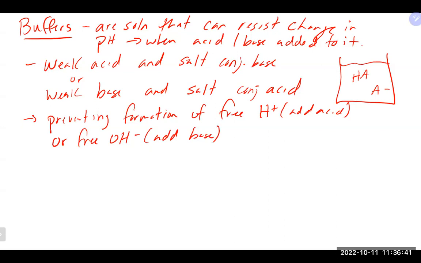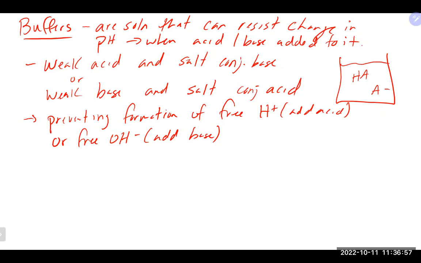So by really preventing the concentrations of either the H plus or OH minus from going up when you add acid or base, it is basically able to keep the H plus concentration relatively constant, and it will be able to maintain the pH as to where it's at.